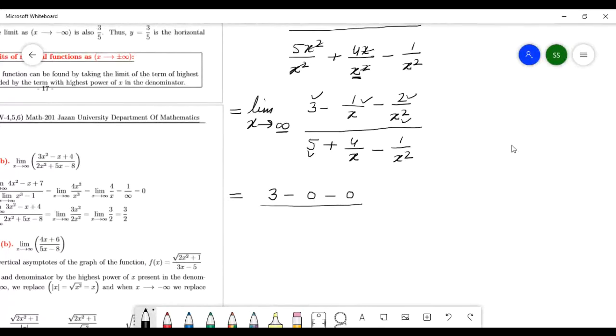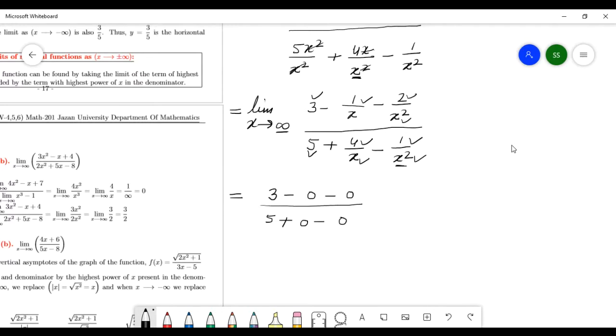And here 5 plus 4 divided by this infinity. x goes to infinity, so 4 divided by x goes to 0, minus 1 divided by x square, x goes to infinity, 1 divided by infinity, that is 0.